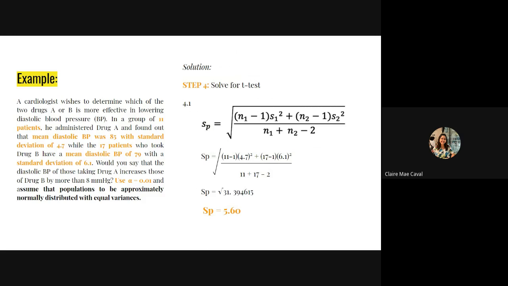So, 5.60, don't forget to take the square root, because if it's still squared, that's not the standard deviation, that is the pooled variance. Okay?